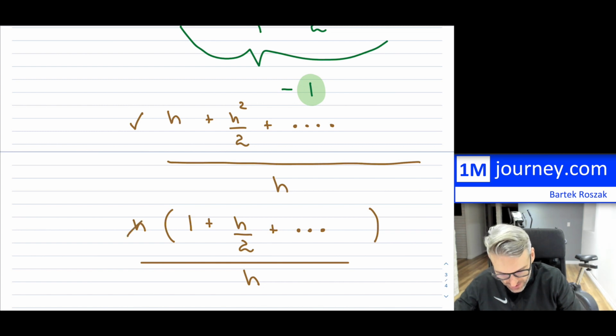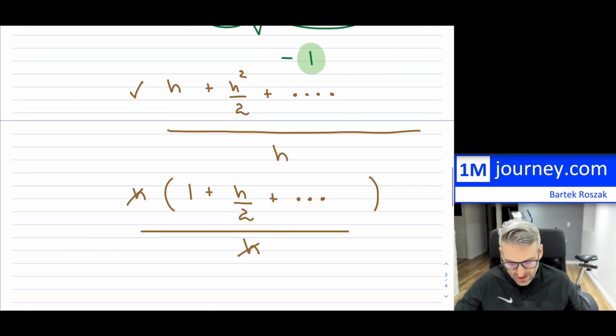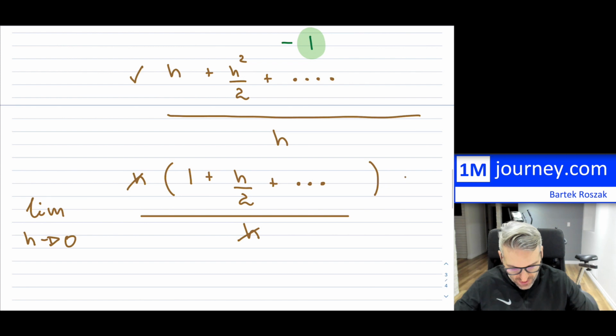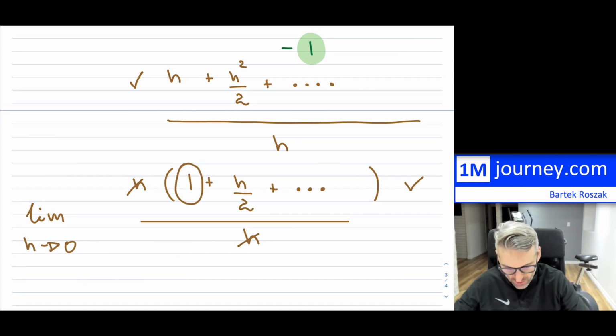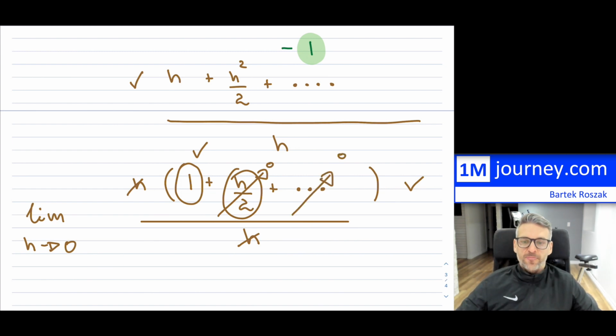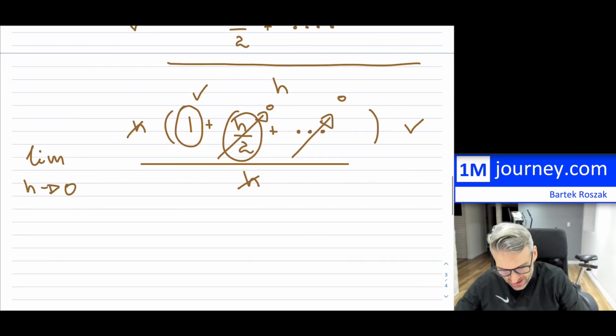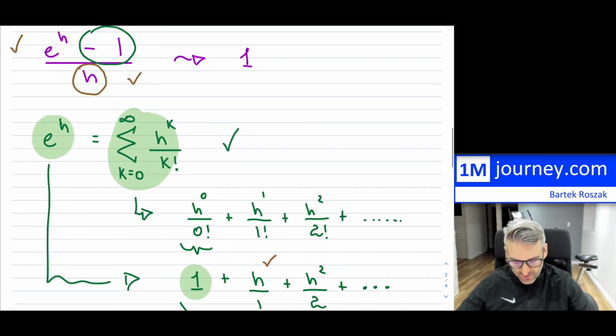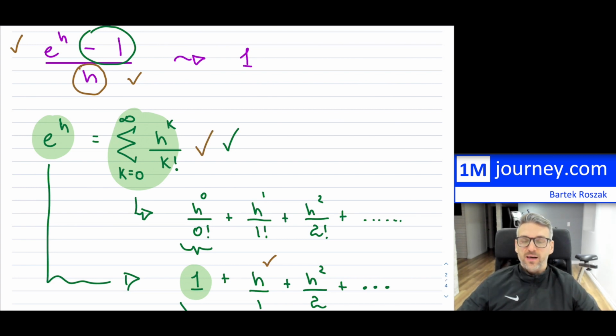Well, this h and this h cancel. And as I take the limit as h tends towards 0, the limit of this is just going to be equal to 1, because this is going to tend towards 0, and so will all the other terms because they have an h in them, and it's in the numerator. And that is how you can algebraically show that indeed that limit is equal to 1, if you are familiar with this sum of power functions for the exponential function.